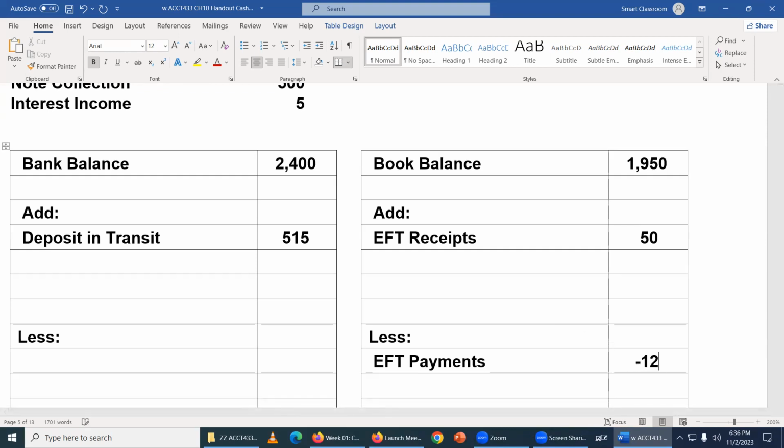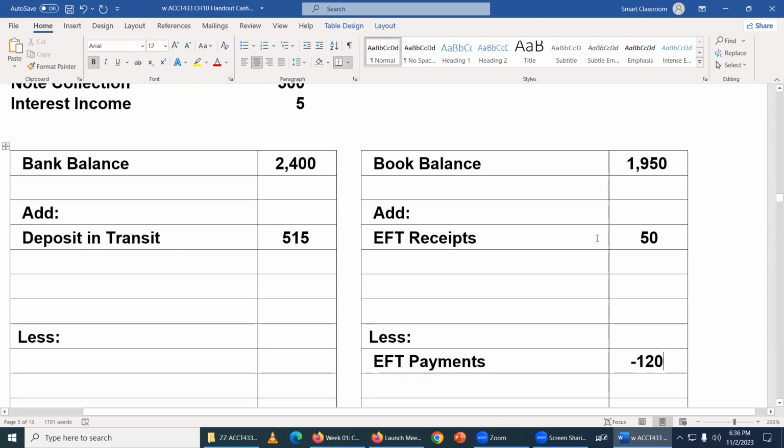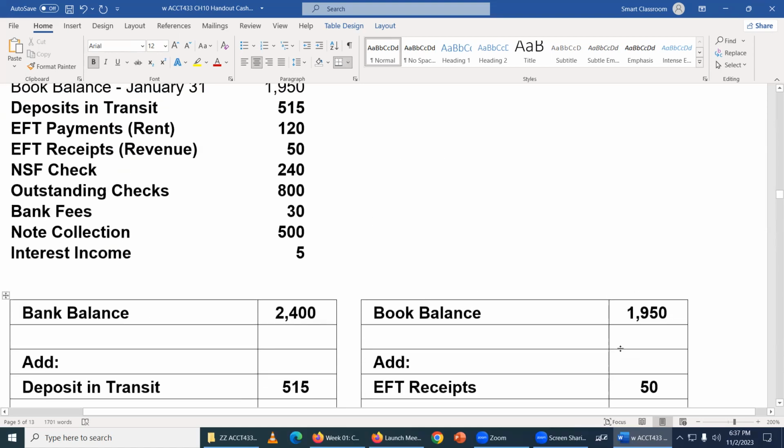My handout's a little old. Rent payment is 120. Like when you go to the movies for a quarter. Okay, so again, there's no checks written for these. So if you're doing this off of a checkbook, there aren't any.